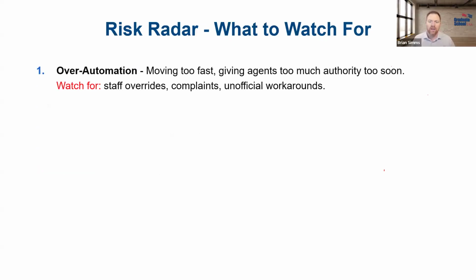Well, for over-automation, you might see this in your team's behavior, right? Constantly it's being manually overridden. Staff are saying, I know the bot makes recommendations now, but I don't even use that anymore, I'm just going back to doing it by hand.